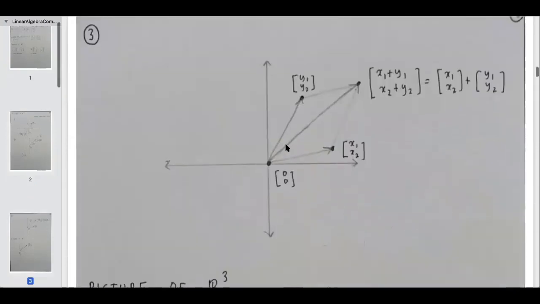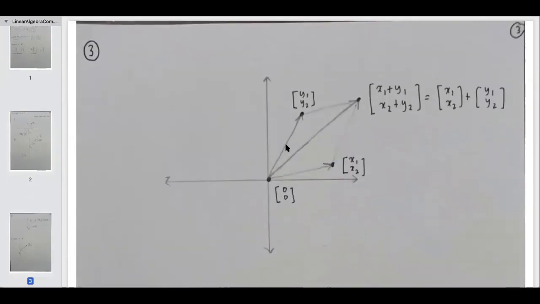And now let's visualize vector addition. If I have a vector x1, x2 and a vector y1, y2, which are arrows, we are visualizing vectors as arrows. What you do geometrically is that you have these two arrows, you complete it to a parallelogram as shown, and then draw the arrow of the diagonal.